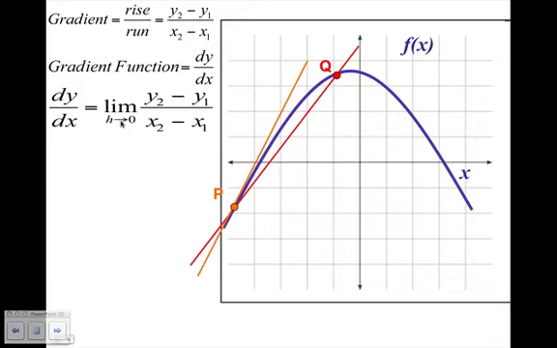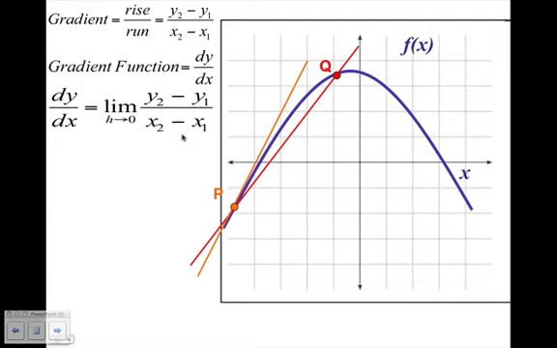Indeed, as h approaches 0 and effectively equals 0 because it's so infinitesimally small, the gradient of the straight line PQ will be the gradient at P. And if we want to calculate the gradient from P to Q, then we can use this gradient formula, y2 minus y1 over x2 minus x1.